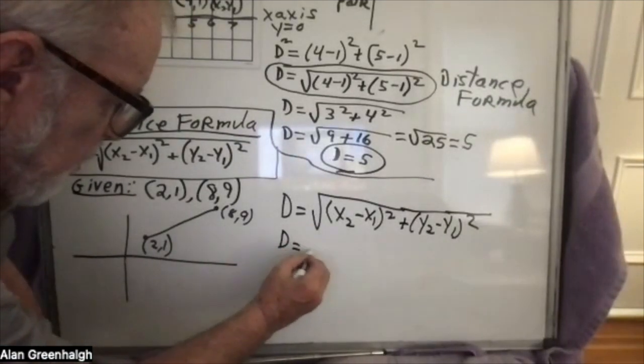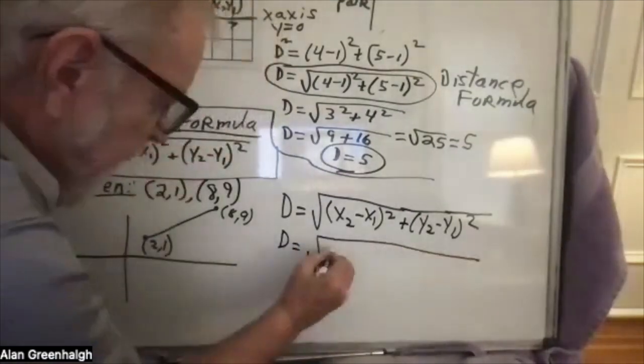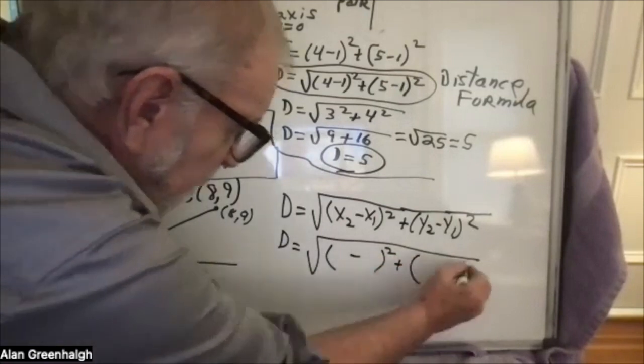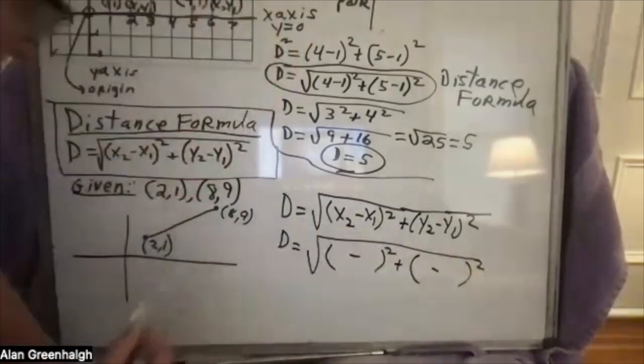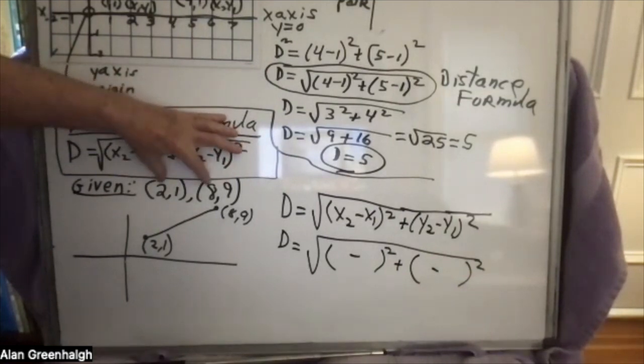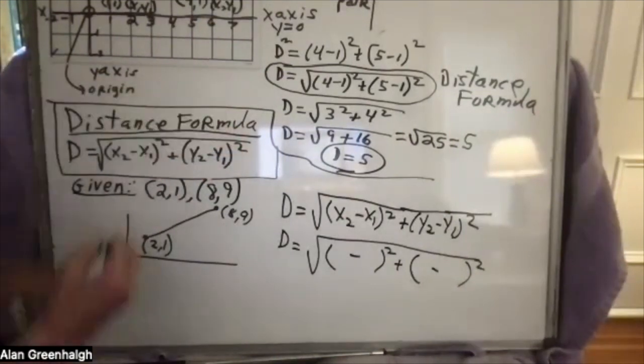D is equal to the square root. You're going to subtract the x's. You're going to subtract the y's. Let's do that. So 8 minus 2, the second value of x minus the first.